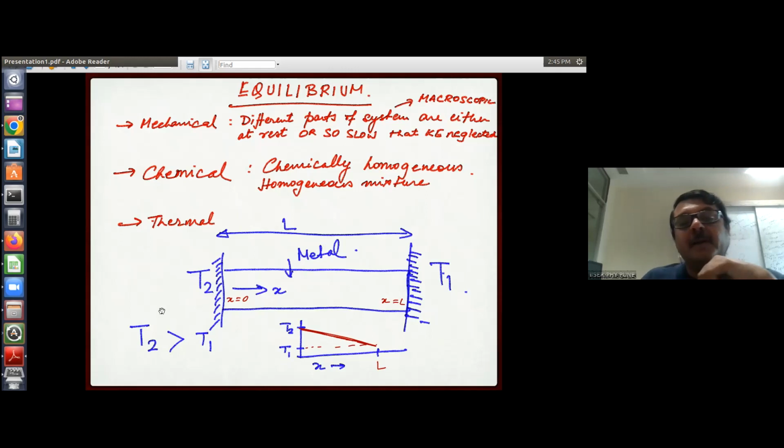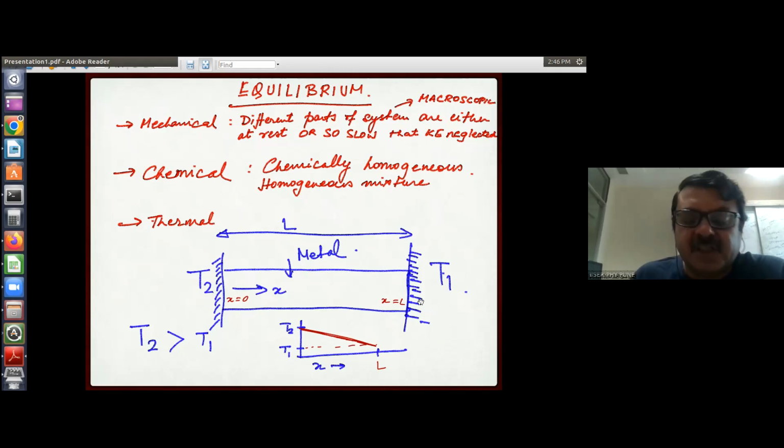Gradually, more and more heat will be absorbed from this end, where I have assumed that T2 is greater than T1, and there will be a flux of energy, right? There will be heat absorbed, and there will be a heat current, so that heat is transferred. So energy is in motion, transferred from this end to the other.